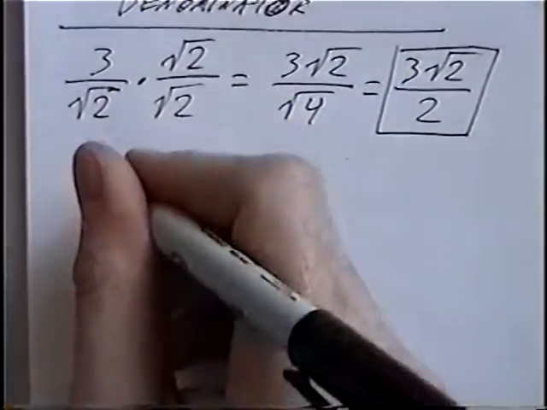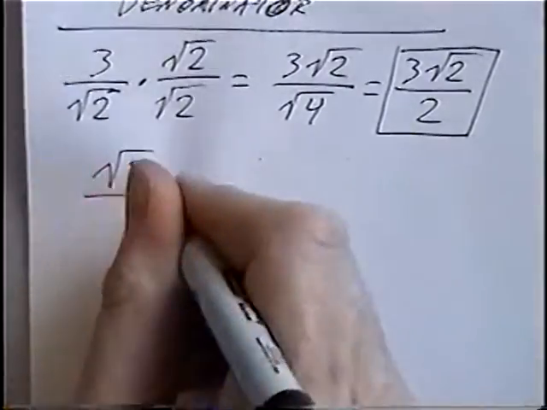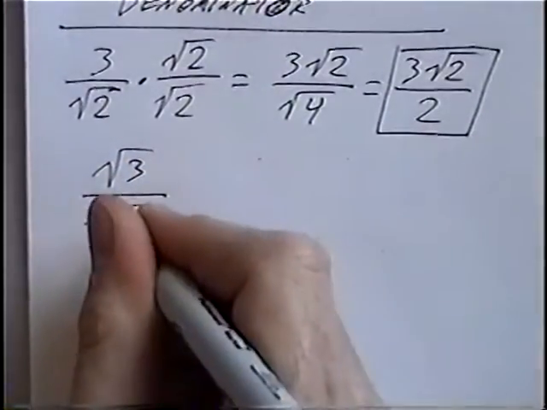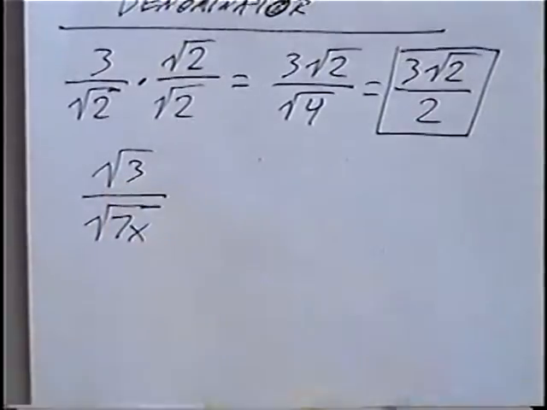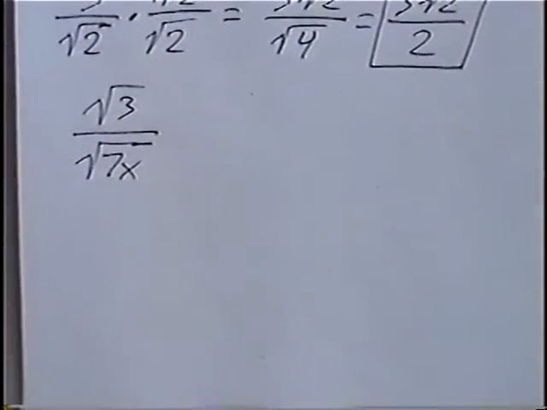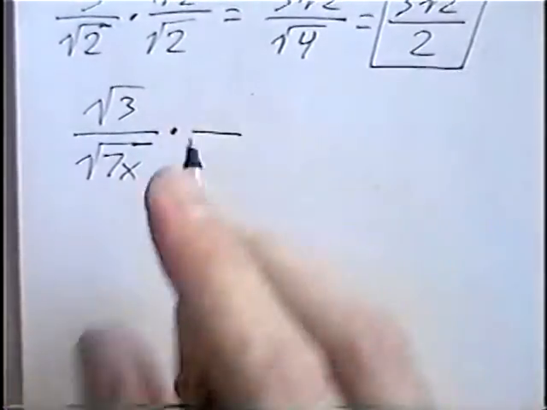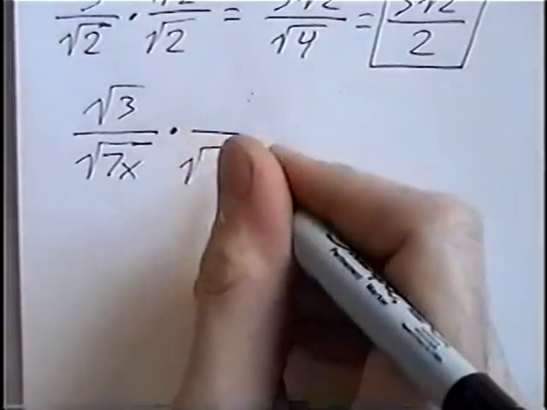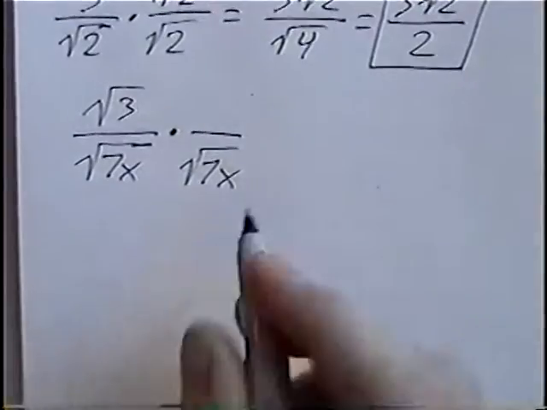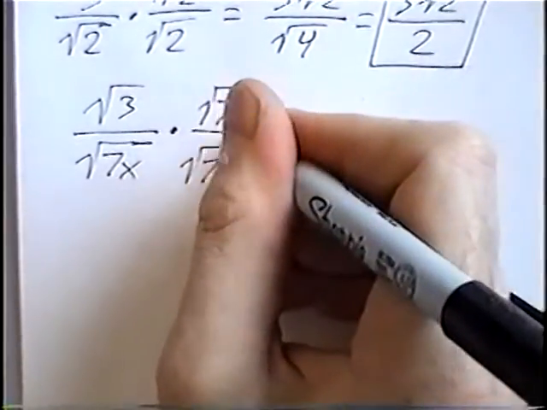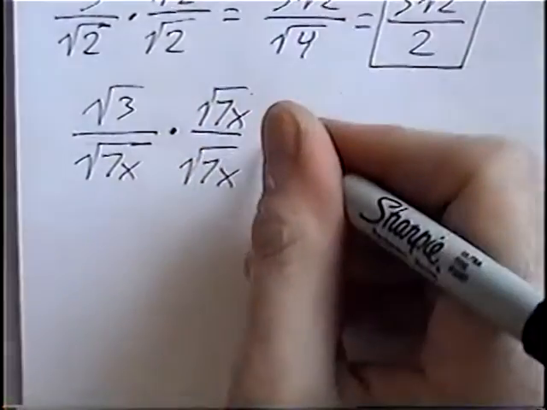Last question for this section. Radical 3 divided by radical 7x. Again, for this question, you'll multiply by whatever radical is in the denominator, the same radical for the numerator and denominator. In this case, it's radical 7x.